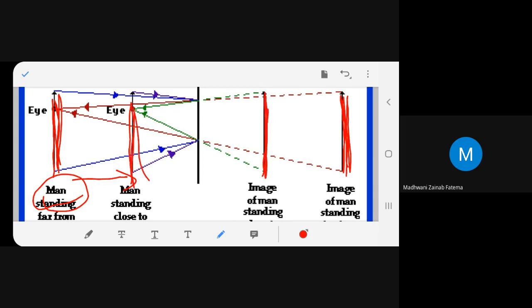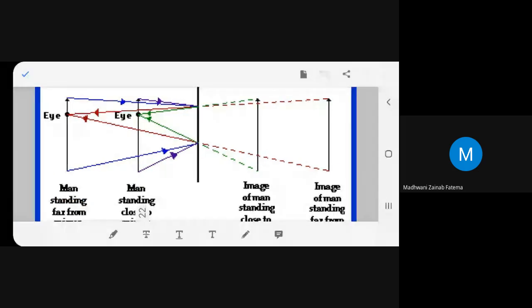Close to the mirror. So, as you go away from the mirror, being an object, the image also goes away from the mirror. As you go near the mirror, the image also comes closer.